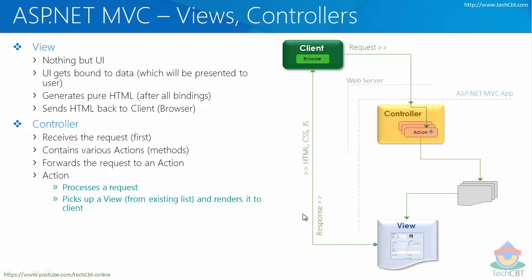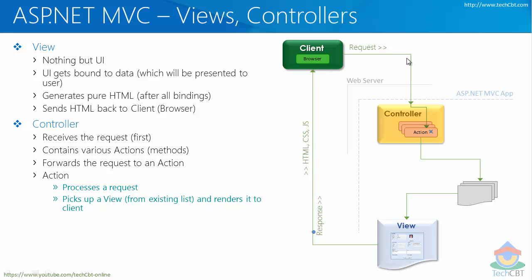Ultimately, once the action has completed its process, it is going to pick up a view from a set of available views, and that particular view is going to be responsible for getting the data from the action and finally sending the information back to the client.